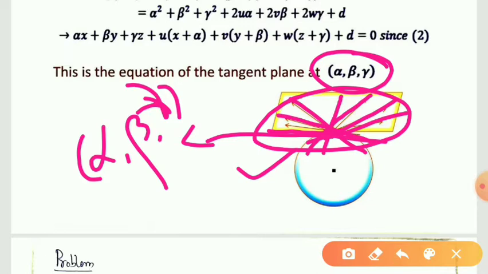So how to find the equation of a tangent plane at a given point?